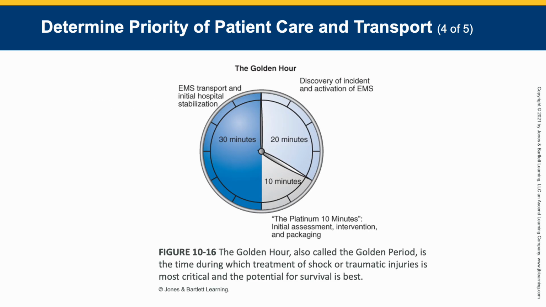And again, when we're talking about this golden hour, we're emphasizing the urgency of time-sensitive interventions like surgery for internal bleeding or intubation for respiratory failure. And we're not just concerned about trauma, right? Certain medical conditions and emergencies like stroke, myocardial infarction have their own versions of this golden hour. So the sooner definitive care is delivered, the better the outcome.